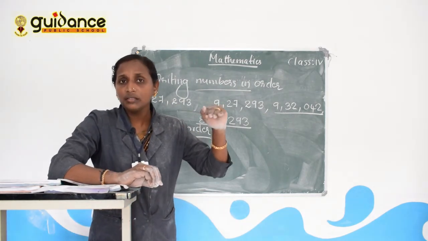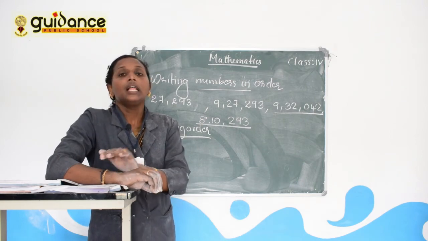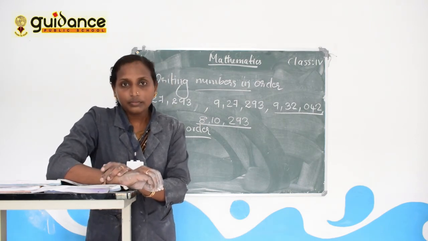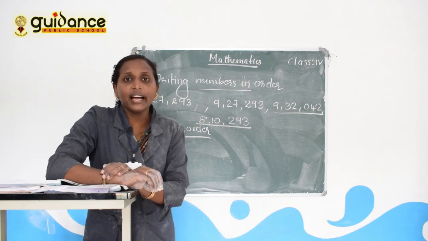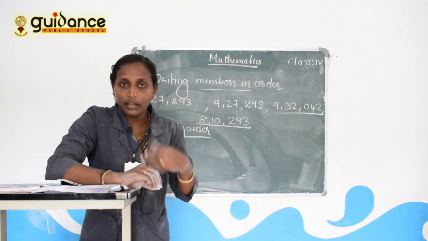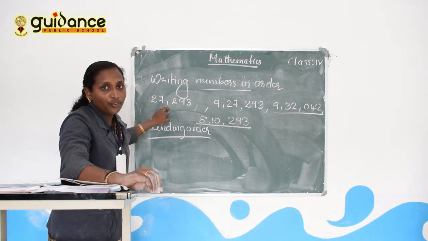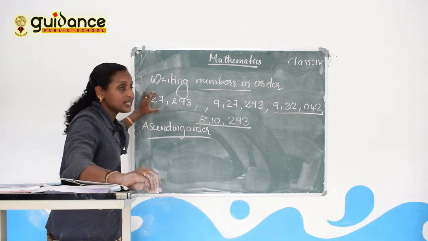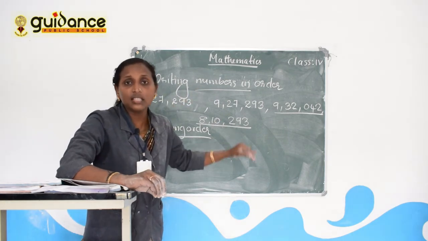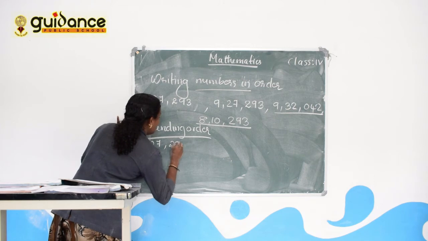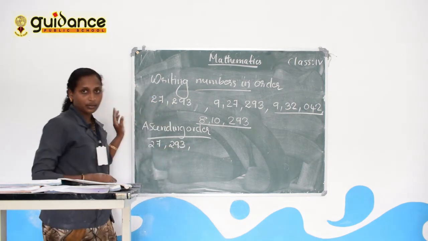I already told you, the number with more digits is greater than the other number. So this one has the smaller number of digits. That means this is the first smallest number. So what is that? 27,293 is the smallest number.